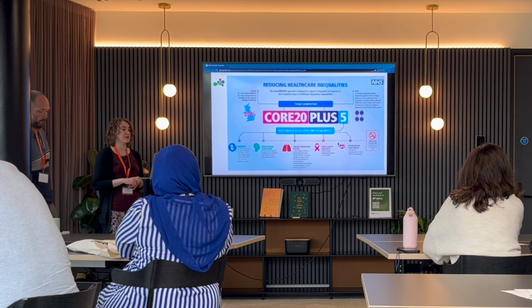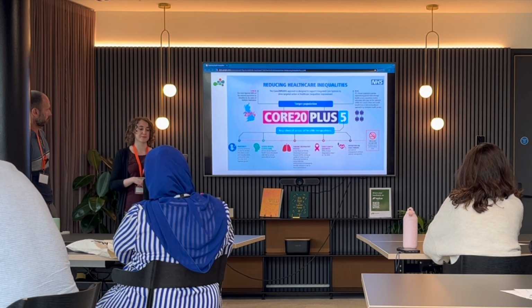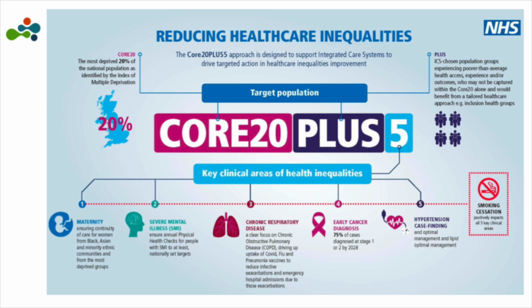And just a little more information on the Core 20+5 framework. So the Core 20 are the most deprived 20% of the national population as identified by the National Index of Multiple Deprivation, or IMD. IMD has 7 domains with indicators accounting for a wide range of social determinants of health. Focusing on this group of patients across all areas of healthcare ensures that the outcomes for the 20% most deprived are monitored and improved.